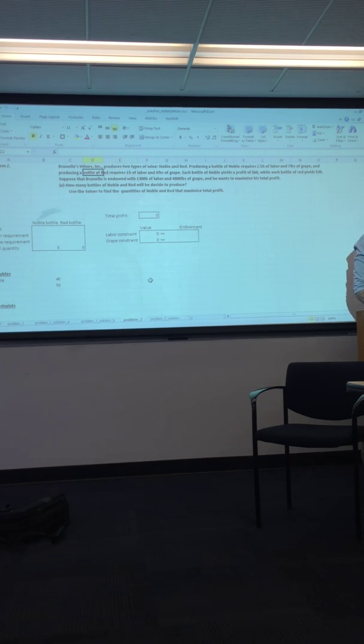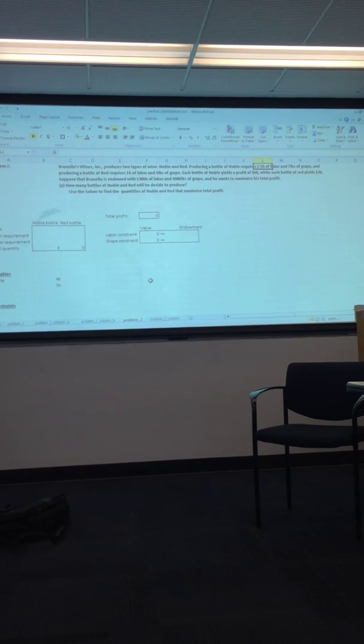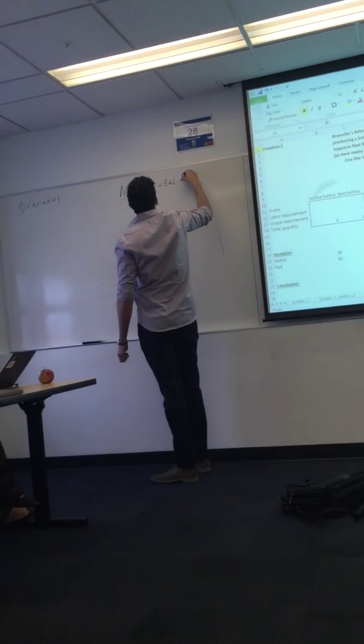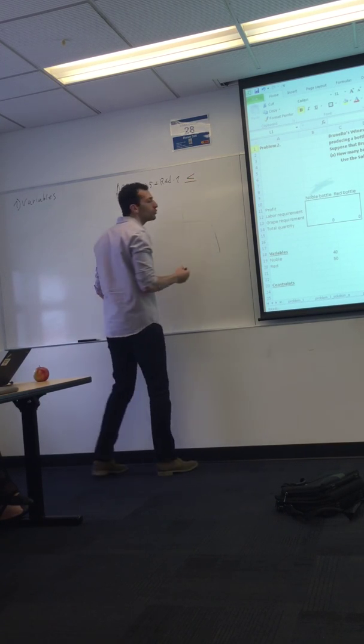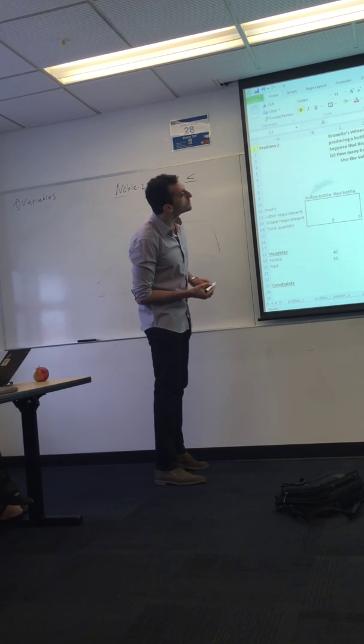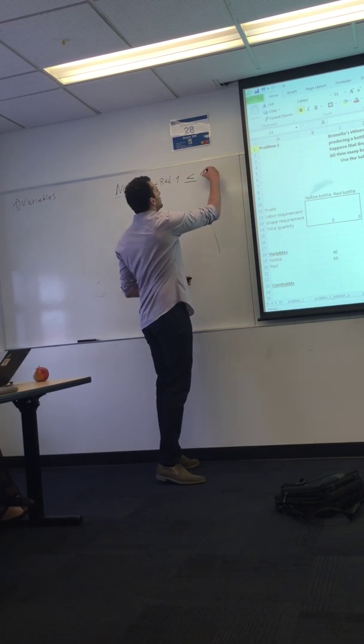I know that each bottle of Red requires 1 hour of labor, and each bottle of the other one requires 2.5. So the constraint is that Nobel multiplied by 2.5 plus Red multiplied by 1 is supposed to be lower or equal to 1,300. That's one constraint.